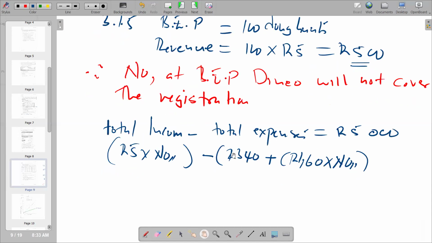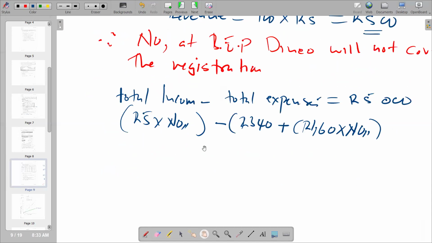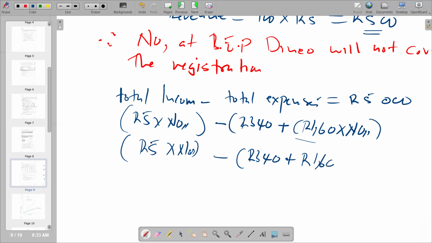And from there, we can now match like terms, whereby it becomes 5 rand times number, and here we remove the brackets inside, so it becomes 340 plus 160 times number.